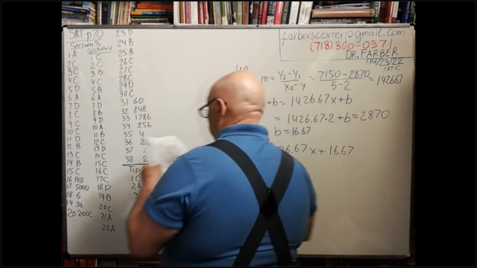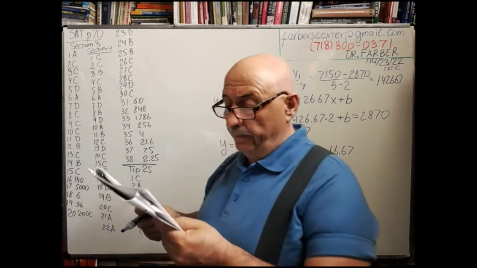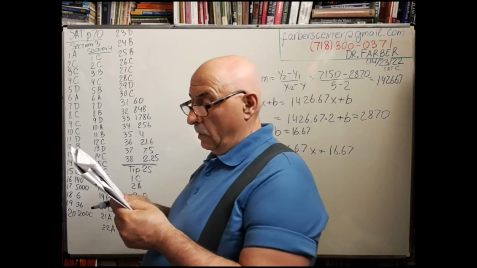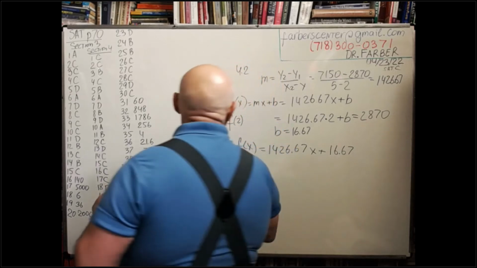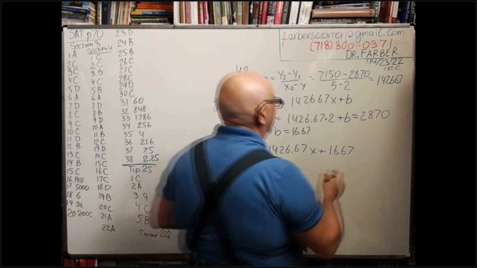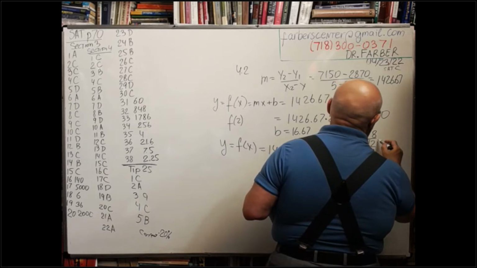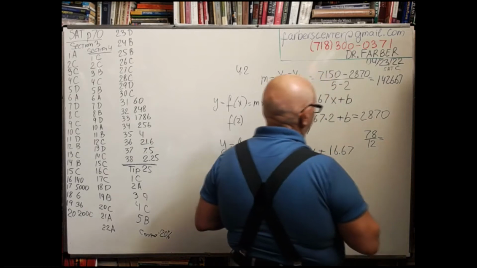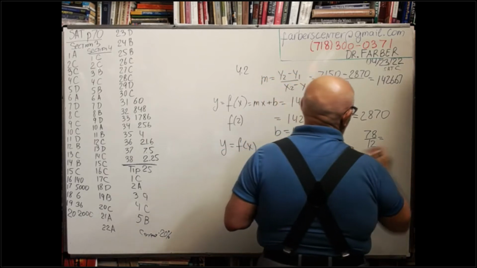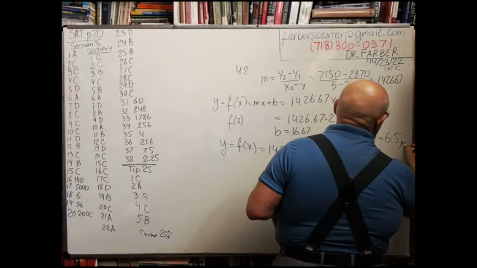And now they ask you a question when you have the equation of the line. After 78 months. What is 78 months? I will convert: 78 divided by 12. I will have 6.5 years. I converted to years.